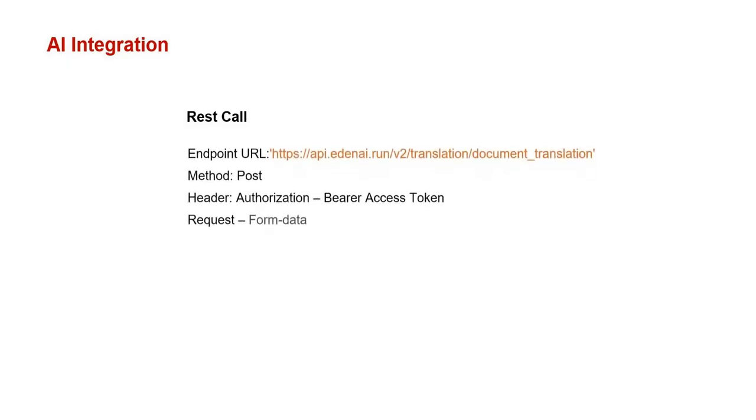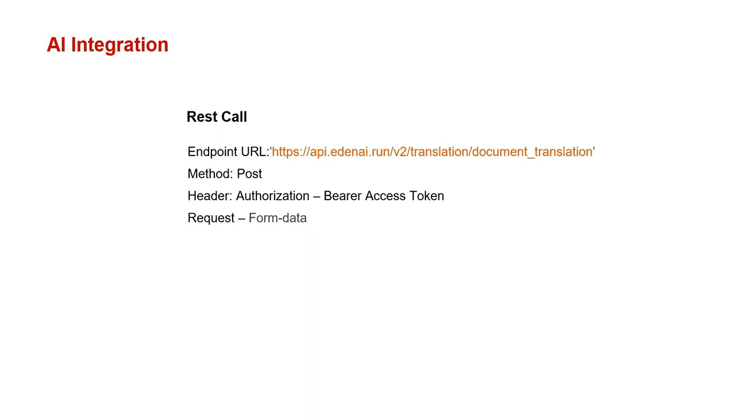So this is how we need to pass it in our microflow REST call services. The endpoint URL will be as specified in the previous slide. The URL needs to be passed there, and we need to call the POST method, and the header should be the authorization along with the bearer access token. The bearer access token will be the API key.